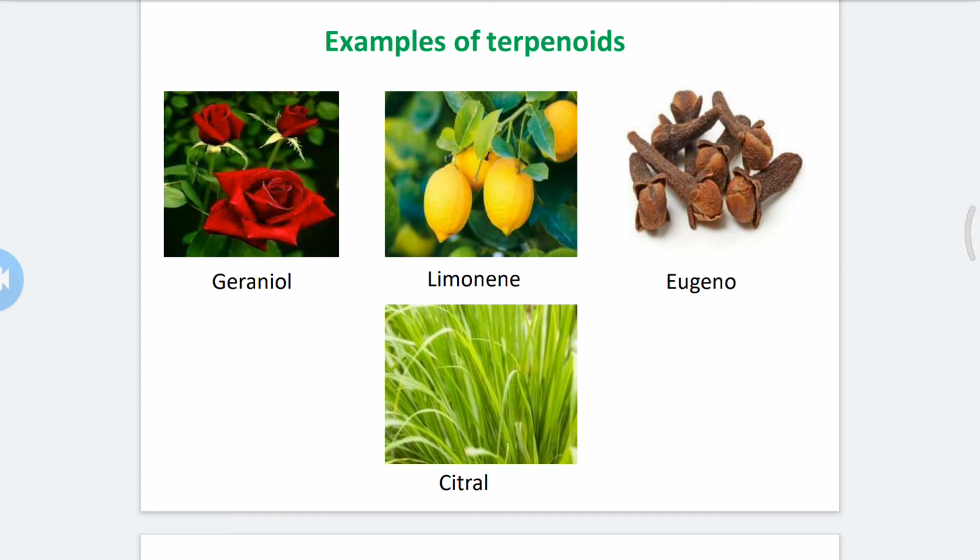Examples of terpenoid oils: geraniol is present in rose essence.